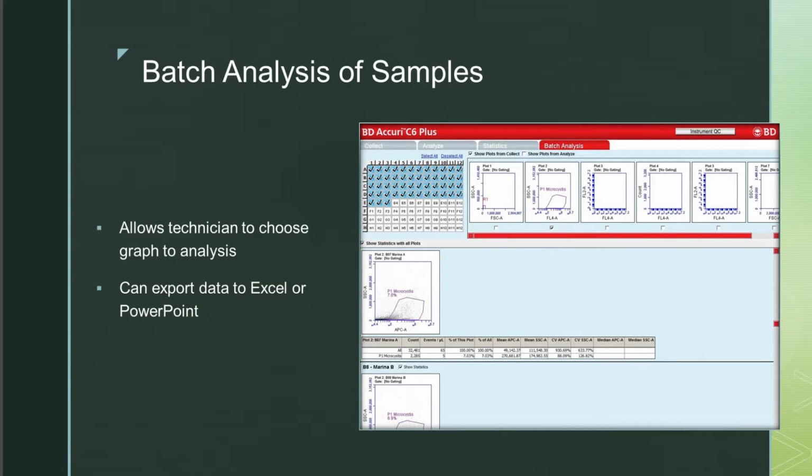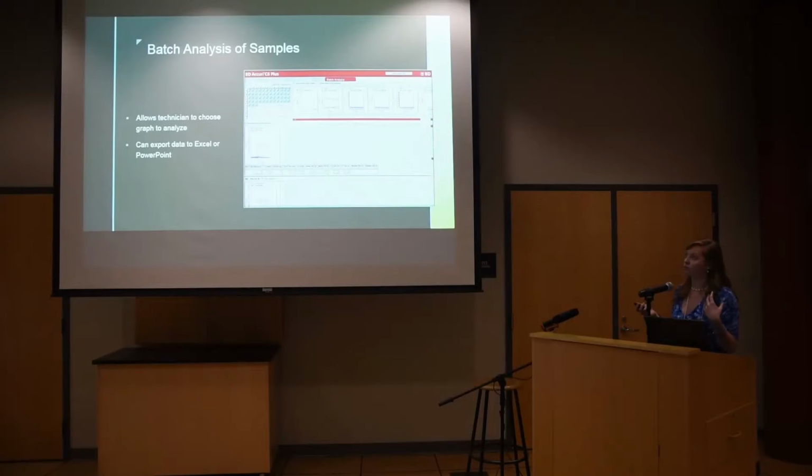So if I select this graph and select all of my samples, then I get a long list of all of my statistics. But I can actually export all of that data to Excel or to PowerPoint, which is very, very convenient. And that was where I was able to take that data, pull it off the computer, and then do my post-processing to figure out how many cells per milliliter of microcystis that I have.